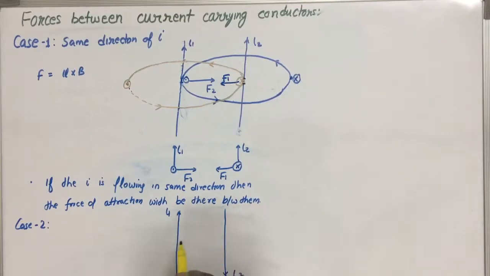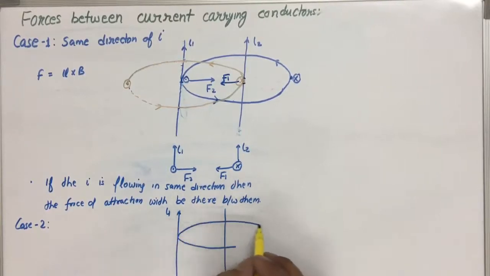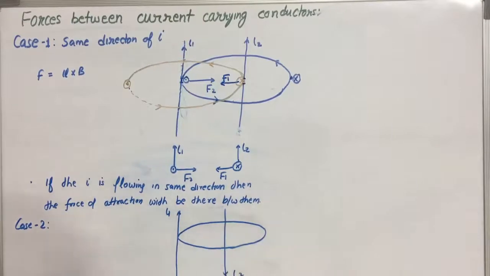So due to this, this will be the field, and the current is moving here, the field will be coming out here and going in here, and we can say the direction at this point will be like this.